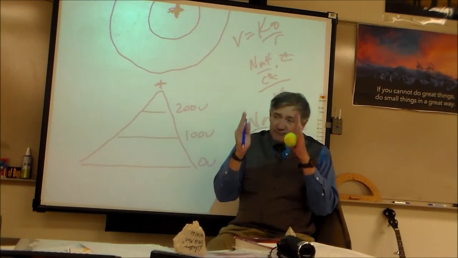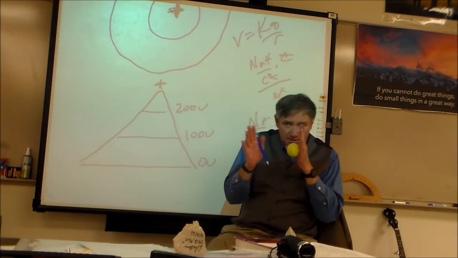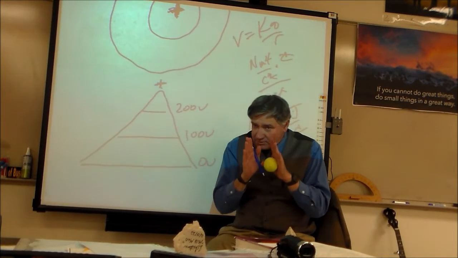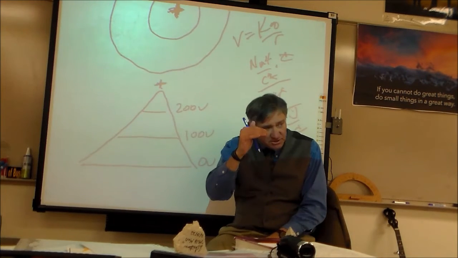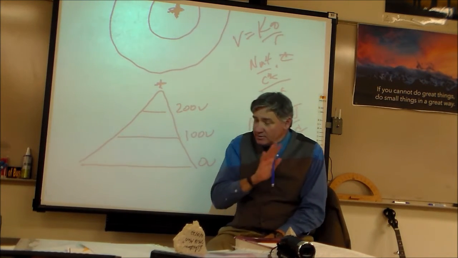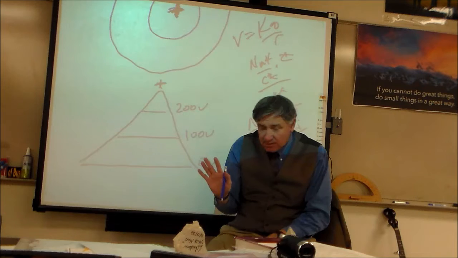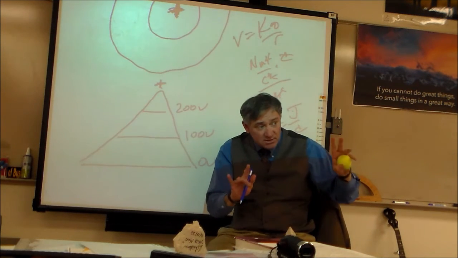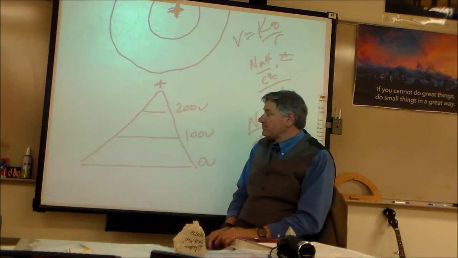So this is where voltage and energy kind of merge. When you're talking about voltage, it's energy per coulomb. If you're just talking about energy, that's just joules, okay? So it's a subtle difference, but it's going to be important later on.